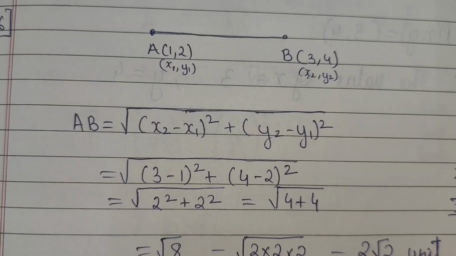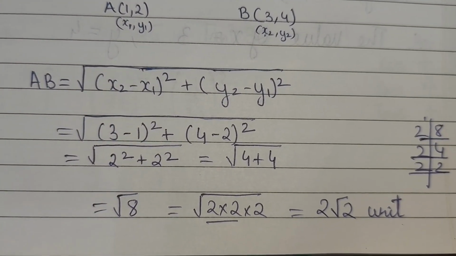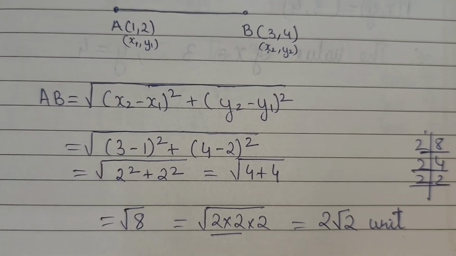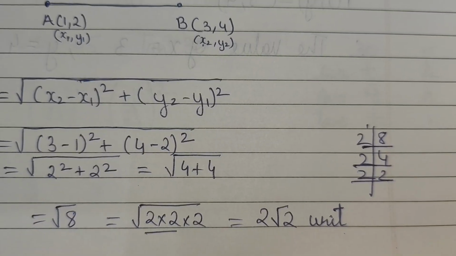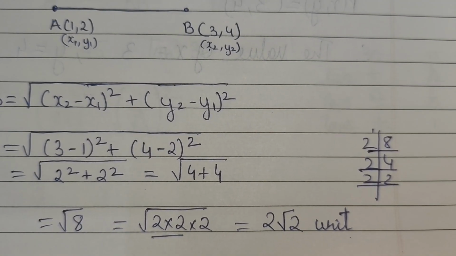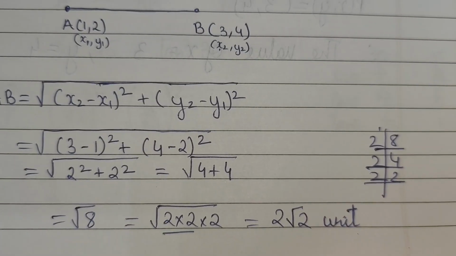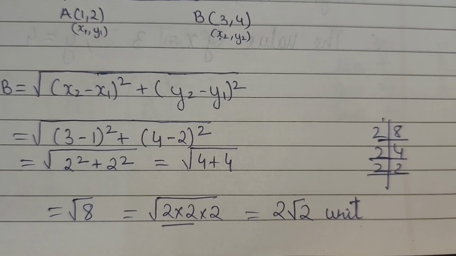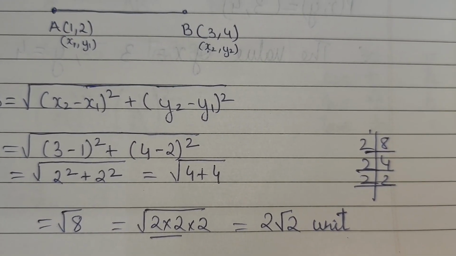After substituting, I will get the final answer root 8. Then I am removing the factors. If two equal numbers are under the root, one number I can take outside. So the final answer will be 2 root 2 units.